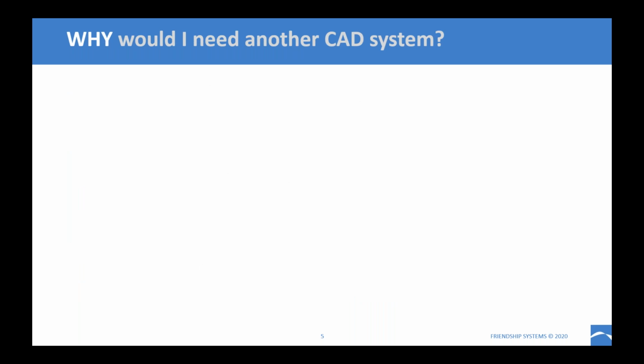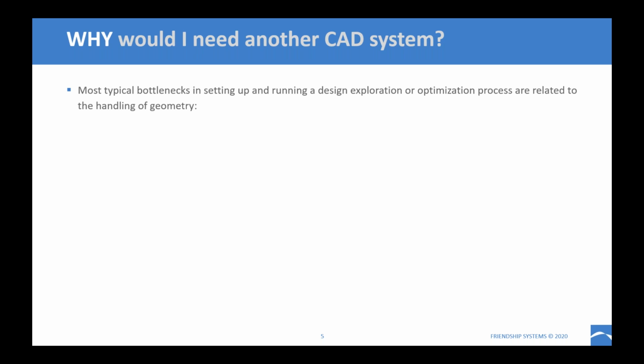The prime application of CAESES is fulfilling the role of this suitable CAD tool in the process. So you might ask yourself, why do I need another CAD system? Typically, I guess every company nowadays is using some sort of CAD system to do mechanical design. In our experience, most of the bottlenecks that people encounter when trying to set up or run a design exploration or optimization process are connected to the handling of the geometry.